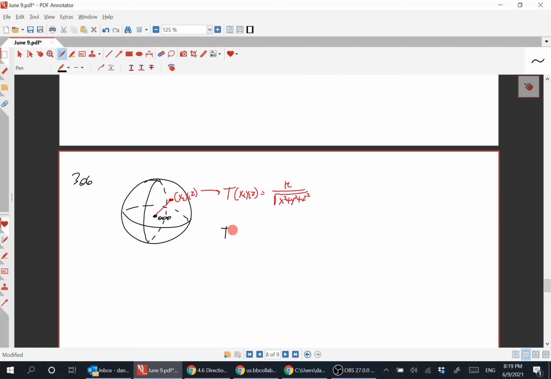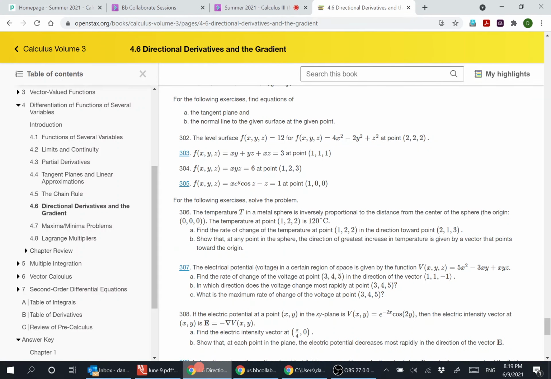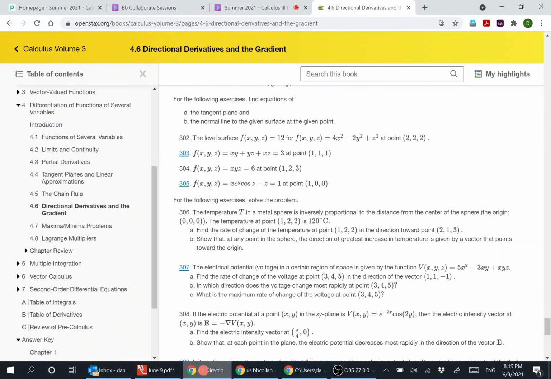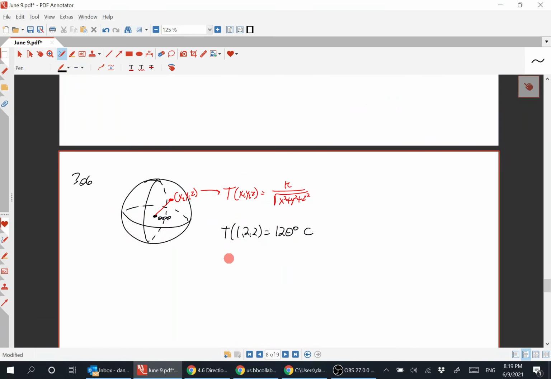And then they tell you that the temperature at (1, 2, 2) is 120 degrees centigrade. Find the rate of change of temperature as you go towards the point (2, 1, 3). So here's (1, 2, 2), and here's the point (2, 1, 3).